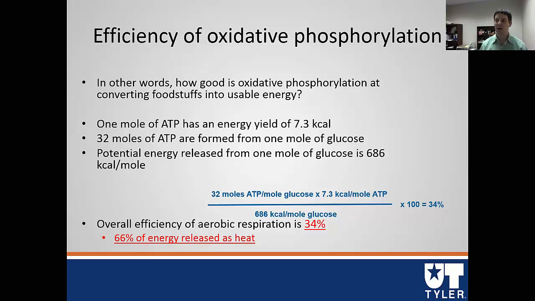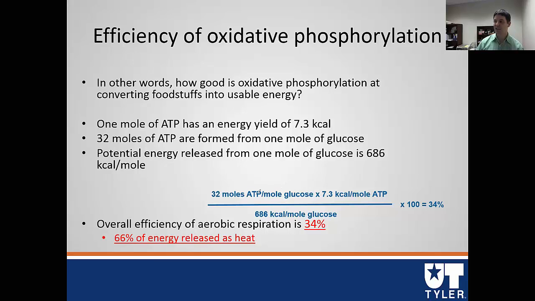So 1 mole of ATP has an energy yield of about 7.3 kilocalories of energy. We can form 32 moles of ATP from a single mole of glucose, right? So the potential energy from 1 mole of glucose is essentially 686 kilocalories per mole.